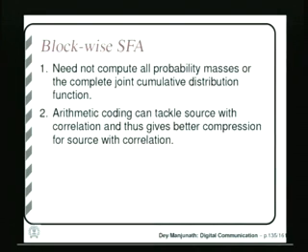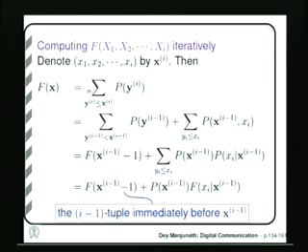So what it means is that you need not compute all the probability masses or the complete joint cumulative distribution function, because after you have received x(i minus 1) and you have received newly xi, you need not compute F at all the other values.